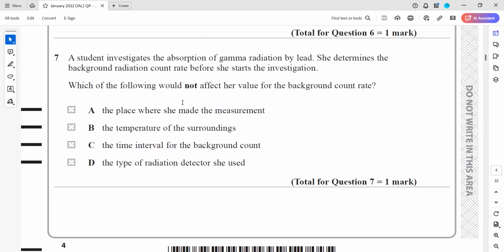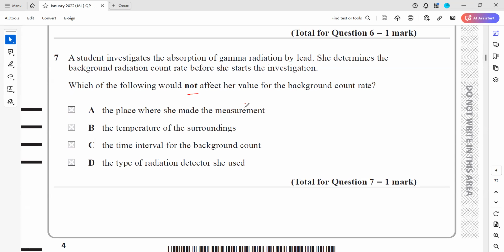A student investigated the absorption of gamma radiation by lead. She determined the background radiation before starting the investigation. Which of the following would not affect her value of the background radiation?